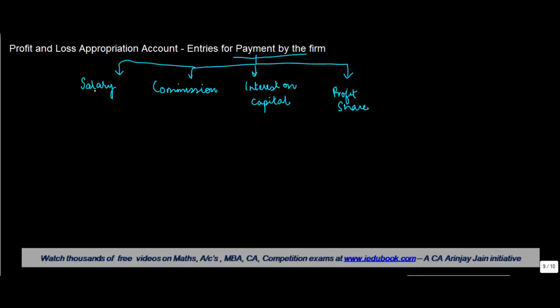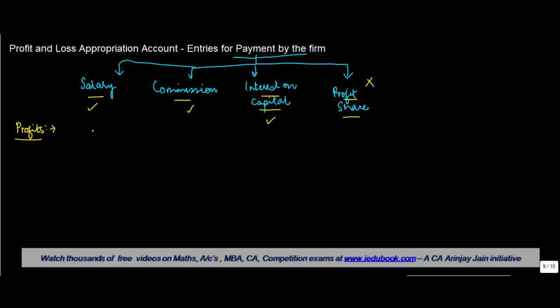Now when the firm pays any of these things to the partner, what is happening? Let's say we are assuming that the firm has profits. Although it really doesn't make a difference even if there are losses, because in case of loss only this is affected, all these three things are not affected.